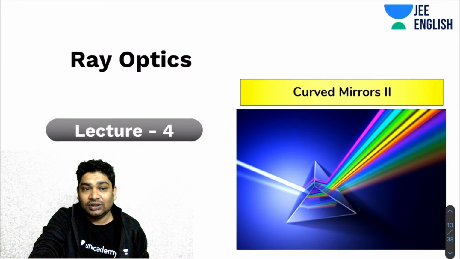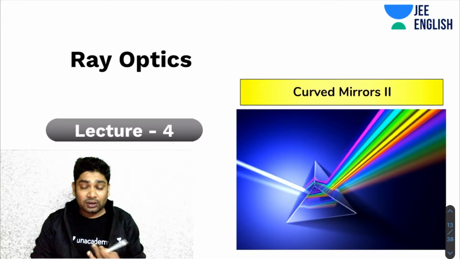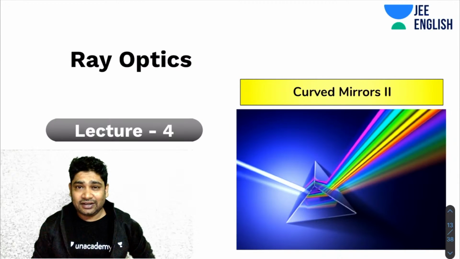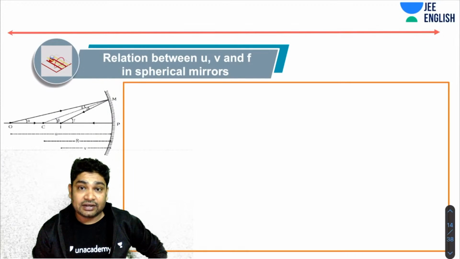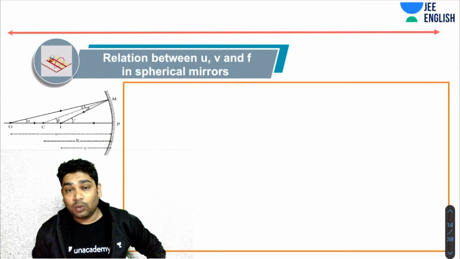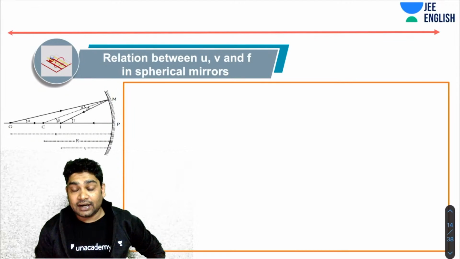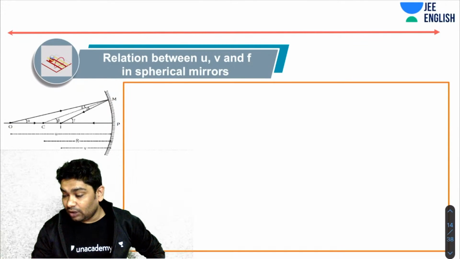Then we also defined some important terms about those mirrors, including the focal point, center of curvature, radius of curvature, principal axis, etc. And finally, we realized that if you want to find the image formed by a curved mirror, you can do it by two methods. You can either do it geometrically by ray tracing, I told you the rules of ray tracing in the last class, or you can apply the mirror formula.